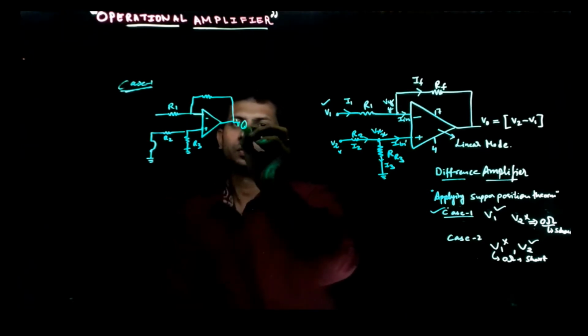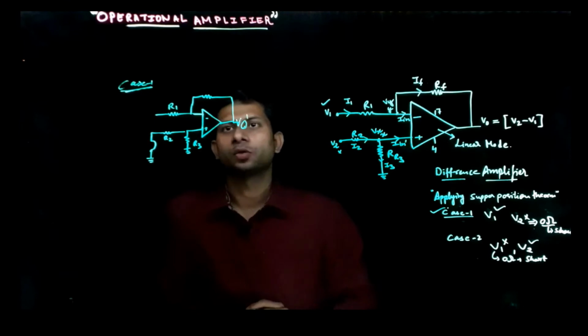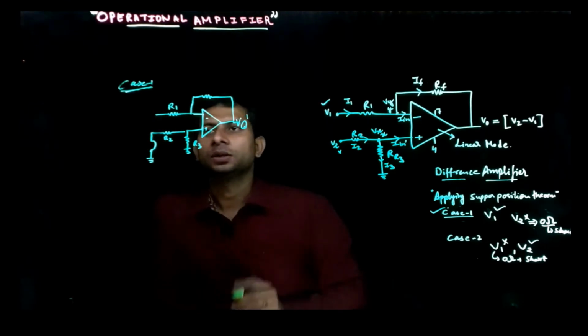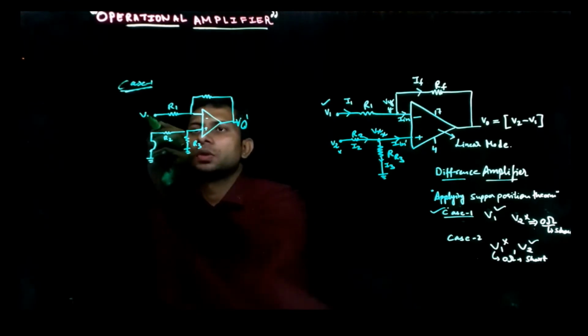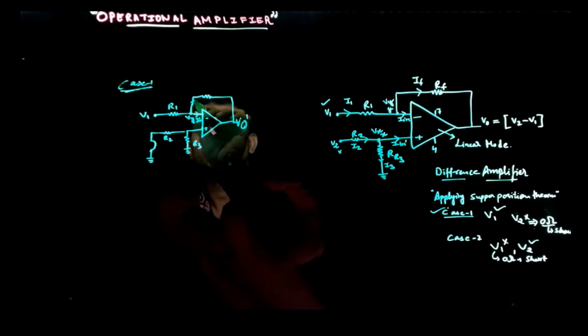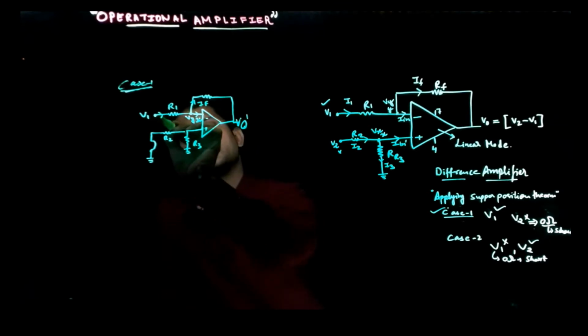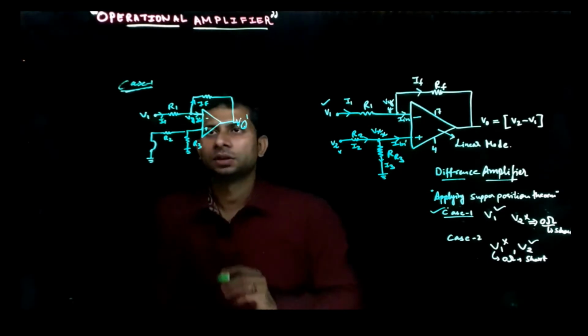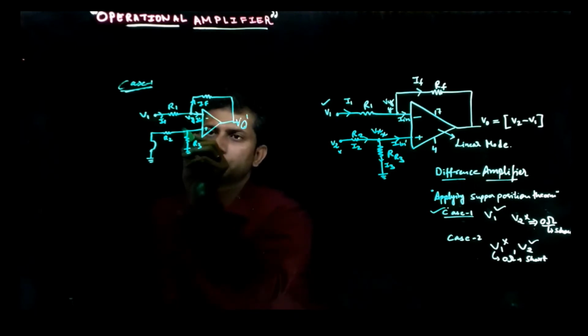We take V0 dash as the first output for case 1, and we have here V1 voltage. At this node we have Vy, I in, here we have IF, and in this branch the current is I1.